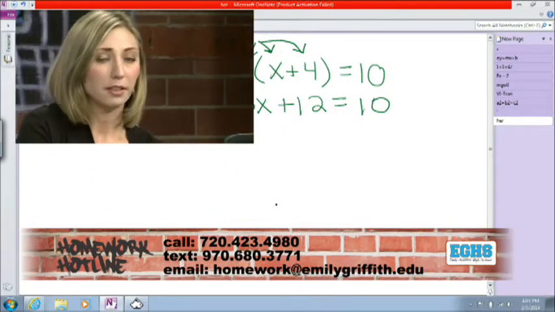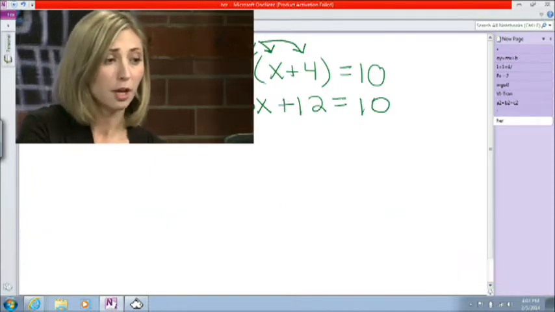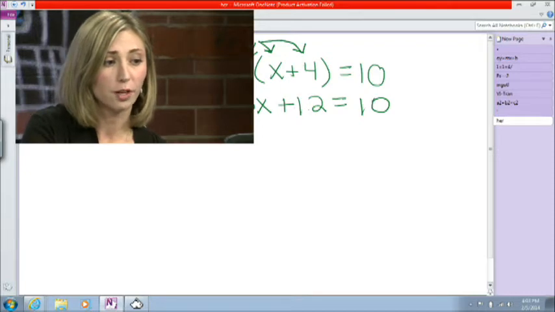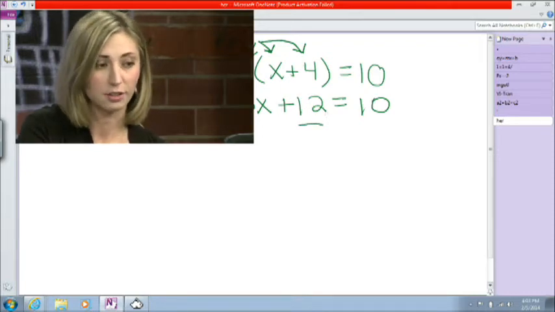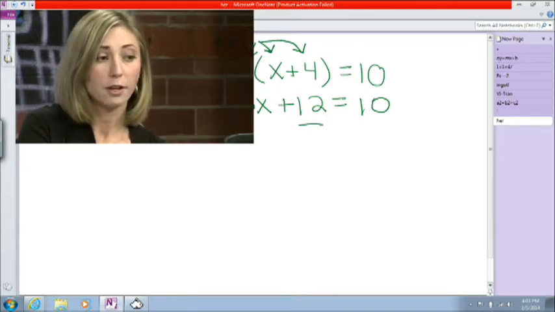The next step would be to combine like terms. We have 45 and 12 as like terms, and then we have negative 2x and positive 3x as like terms.